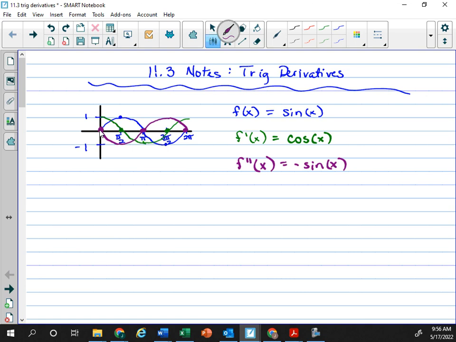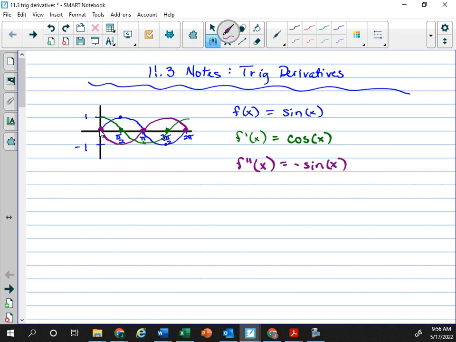Anybody have questions? Unsure of how I got the purple one? Yeah, sure. Do you want to go from the green graph or from the blue graph? Green graph, okay. So maximum right here, so that's where I got the x-intercept from. And then, do you see how it's decreasing this whole section?